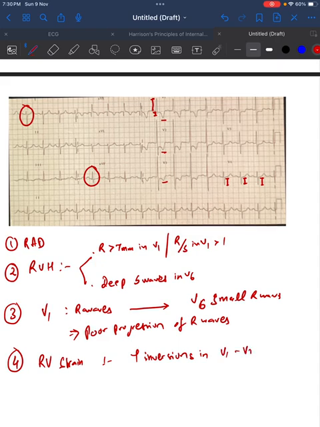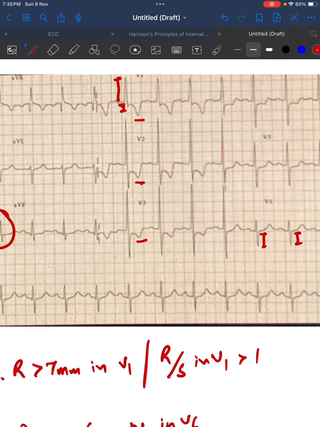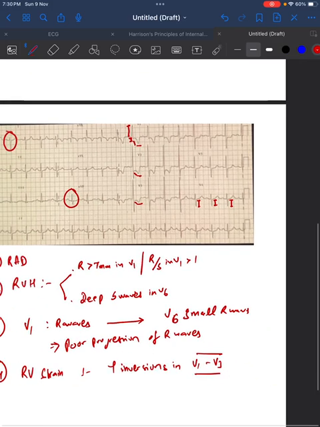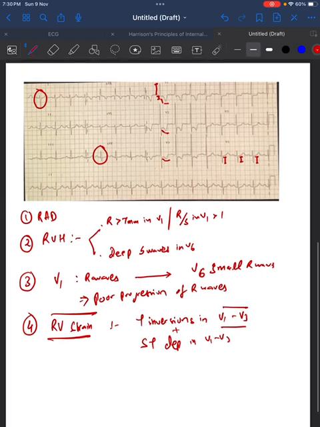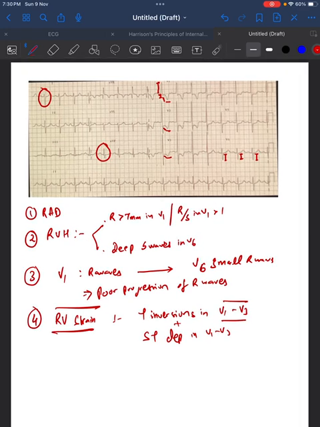These T inversions are pulling the ST segments toward themselves like this. These ST depressions in V1 to V3 along with T inversions are indicative of RV strain in the setting of RVH.